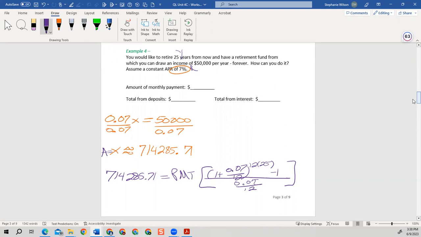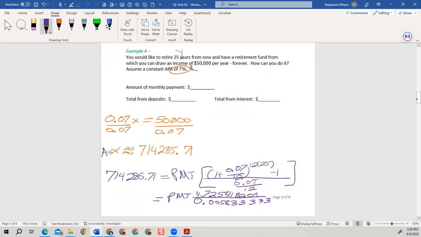And now I get 4.725418209. The denominator, 0.07 divided by 12, gives me 0.005833333 repeating.